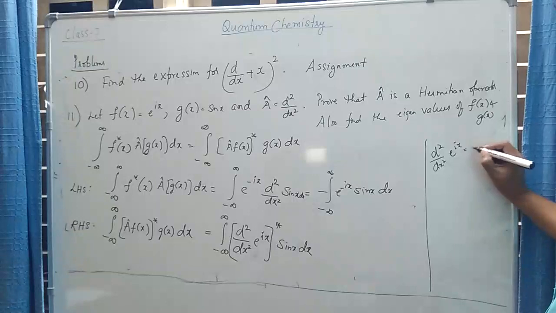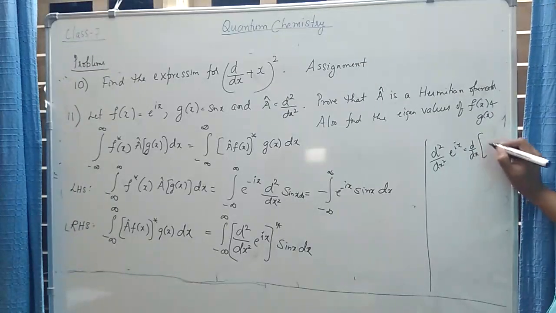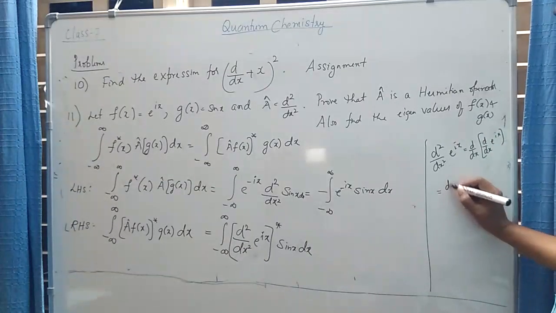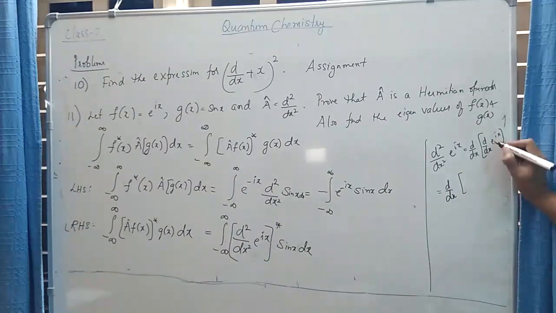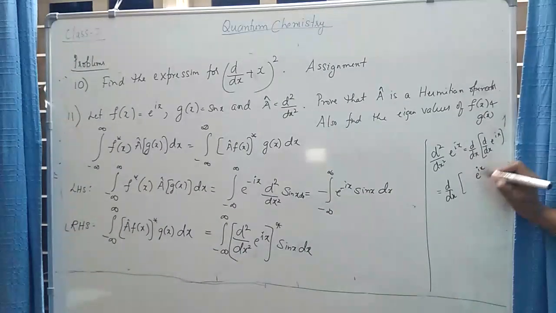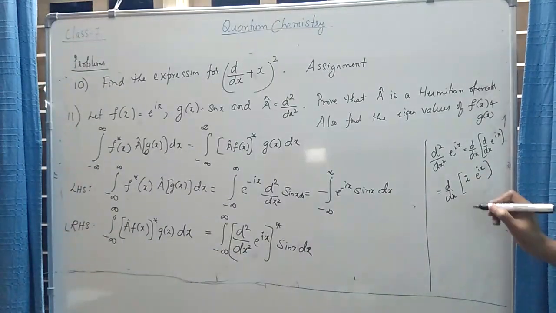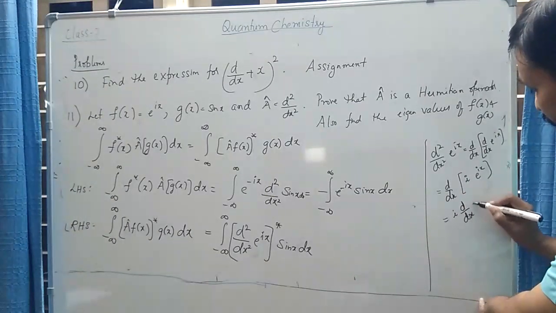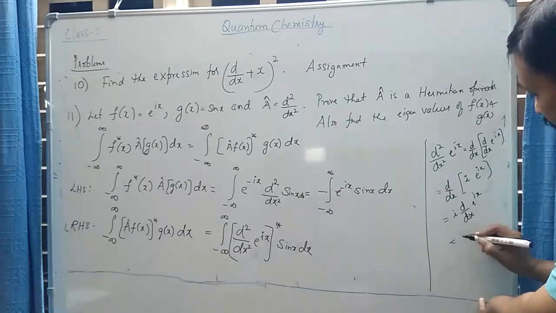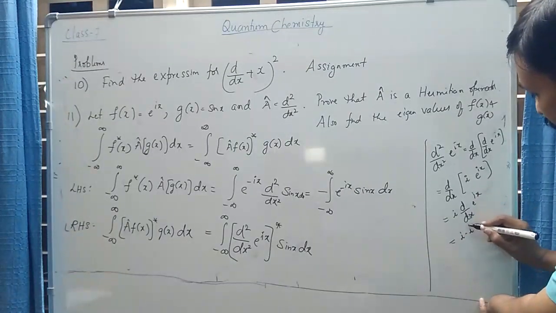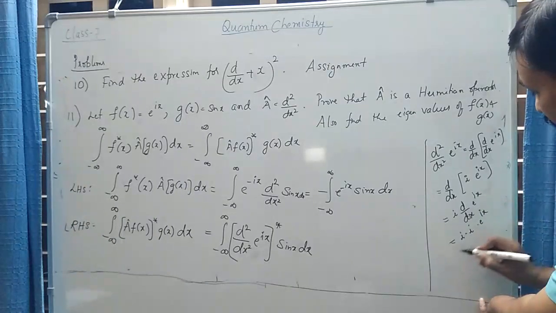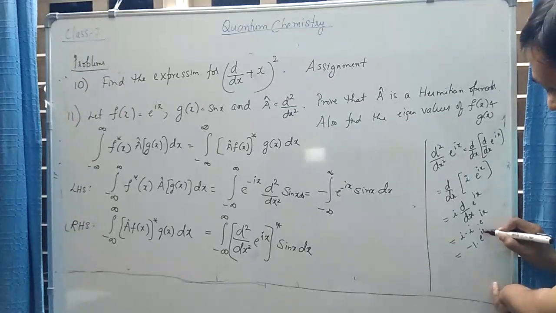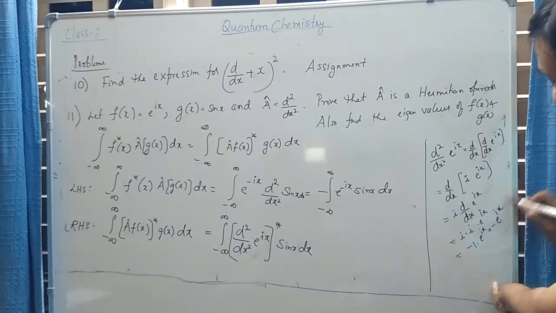This is nothing but d by dx of d by dx of e to the power ix. The differentiation of e to the power ix is e to the power ix into i. If I differentiate this again, i is a constant, so i into the differentiation of e to the power ix will again give i into e to the power ix. i into i is i square, which is minus 1, into e to the power ix, which is minus e to the power ix.